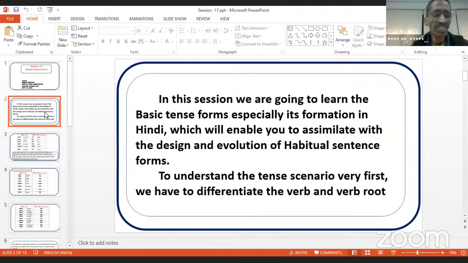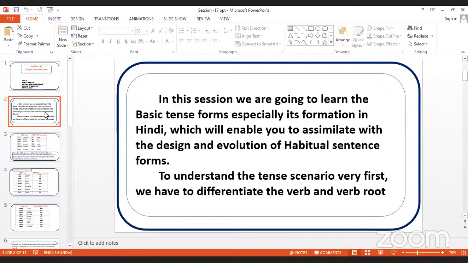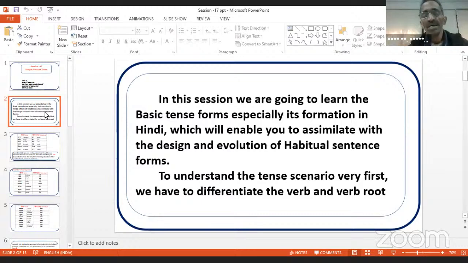Once we are learning a new language, very first we will learn some words and frame some vocabulary, and then we go for small sentences. Basic sentences we have seen in session 13. Now we are going to have the simple present tense.